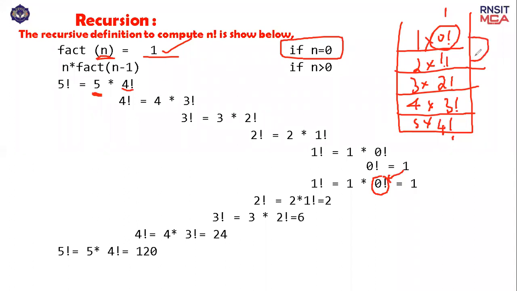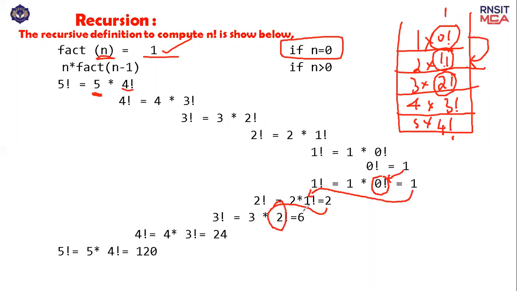And the 1 factorial is replaced by this answer, that is 1 into 1 is 1 factorial. It is replaced in 2 factorial, 2 into 1 factorial. 2 into 1 is 2, so this 2 is replaced at this position, that is 2 factorial.